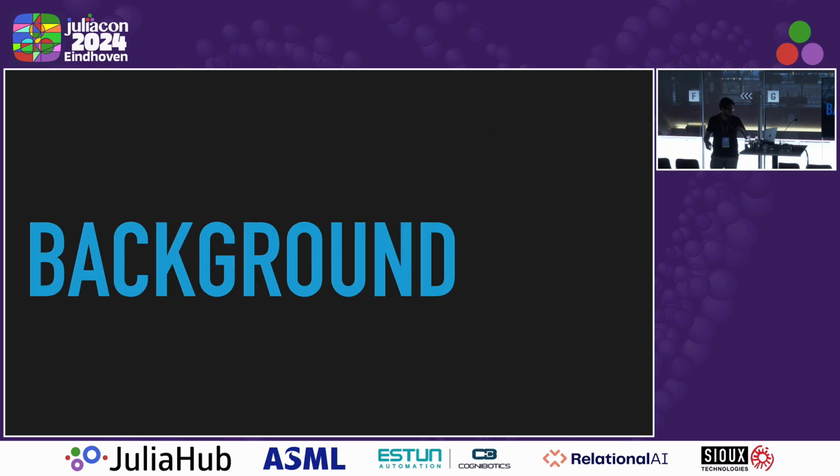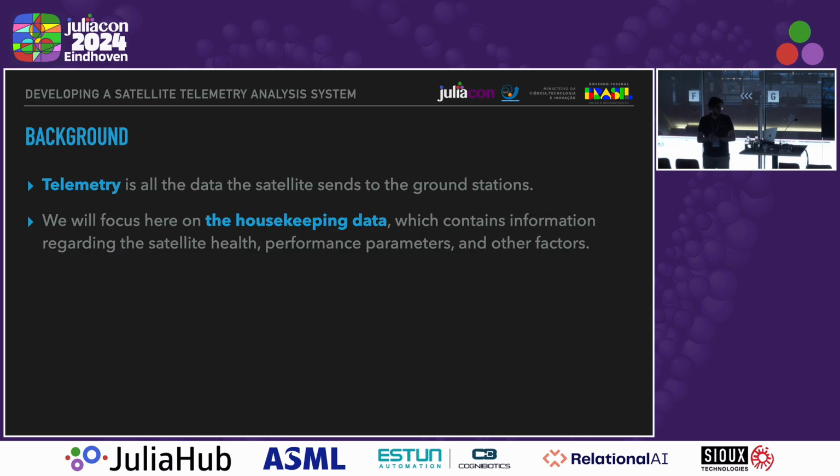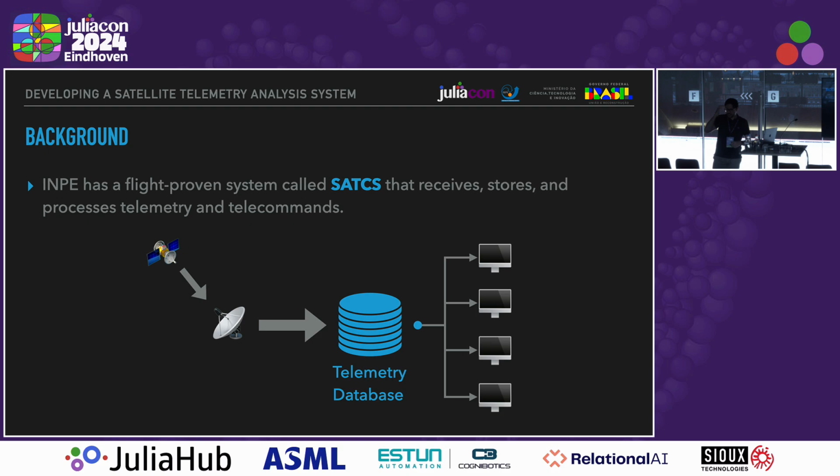So, a little bit of background. Telemetry is all the data the satellite sends to the ground stations. But we are focusing here on what we call the housekeeping data, which is those bits that tell the engineers how the satellite is, its health, its performance, and other factors. It works more or less like this.